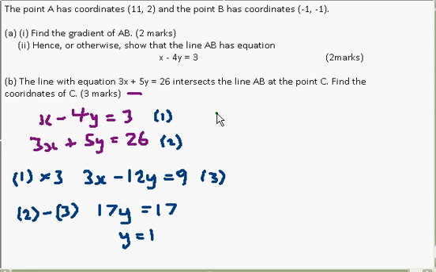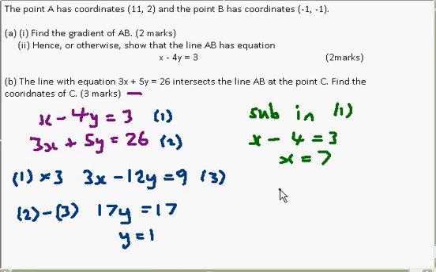Okay, change the colour again. So y is 1. I now need to work out what x is, and in order to do that I'm going to have to substitute it back into one of my original equations. So I'm going to sub it in to equation 1. So I'm going to get x minus 4 lots of y, so just minus 4, equals 3. So x is equal to 7. Now let's do a quick check to make sure that this is correct by using the second equation.